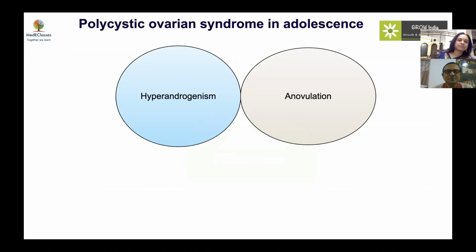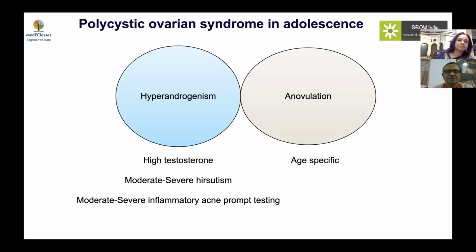So the criteria need to be very strict. We need to have a high testosterone, moderate to severe hirsutism or severe acne, and age-specific criteria. So in the first year of post-menarche, if there are 4 or more periods that is considered to be enough, and this really is not PCOS.